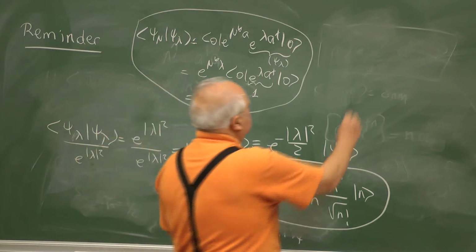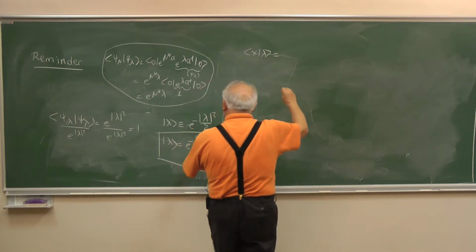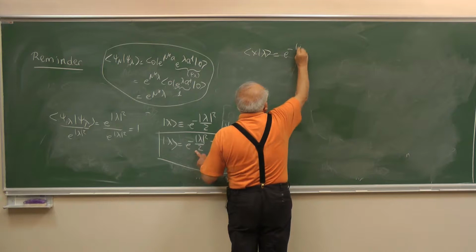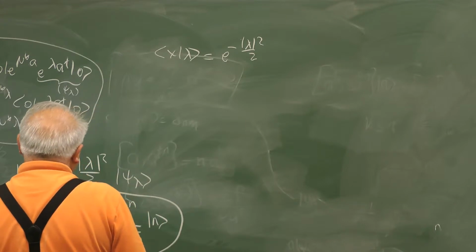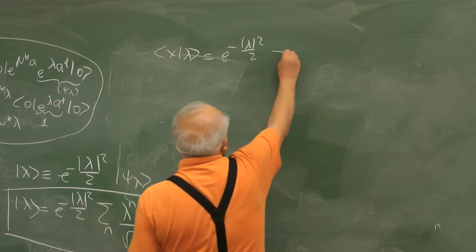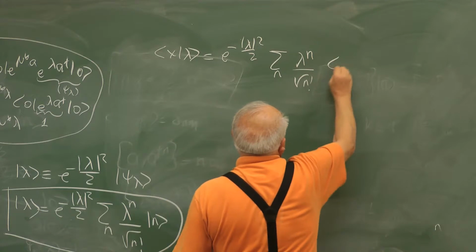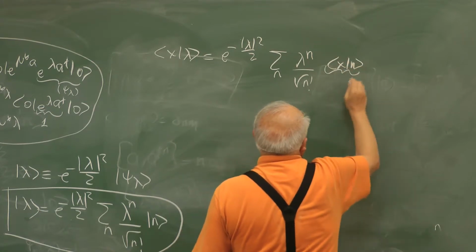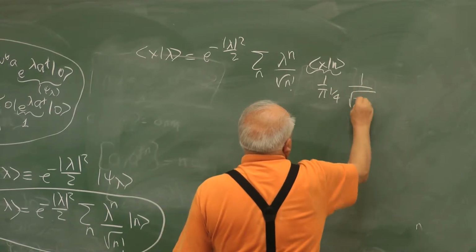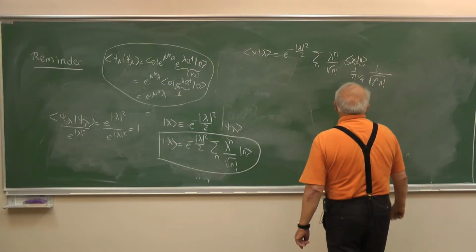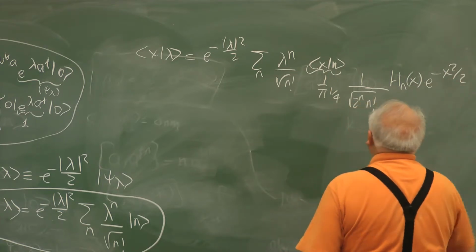And x, its coordinate representation, is this thing, e to the minus lambda square over 2, then sum of lambda to the n over root n factorial times xn, and xn was 1 over pi to the 1 over 4, 1 over root of 2 to the n n factorial, H_n(x) e to the minus x square over 2.